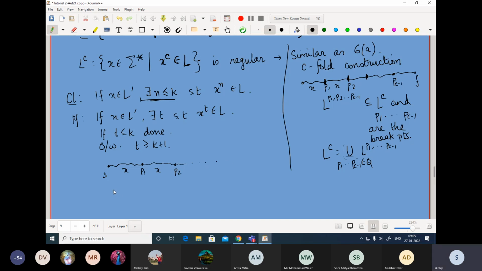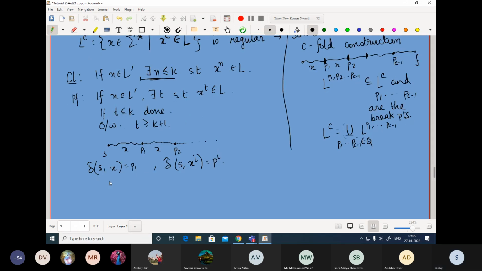At every copy, delta hat of s, x is equal to P1, and similarly delta hat of s, x to the i is equal to Pi. And now complete the argument.